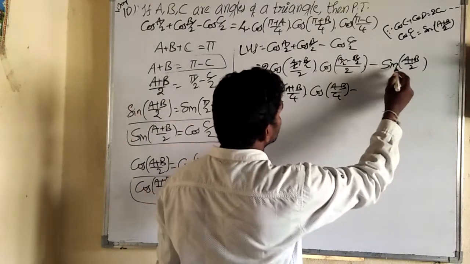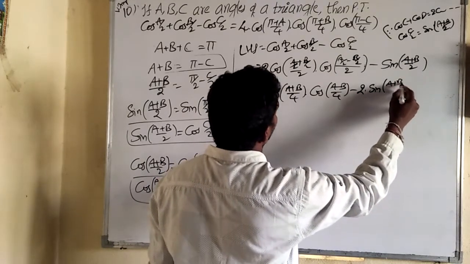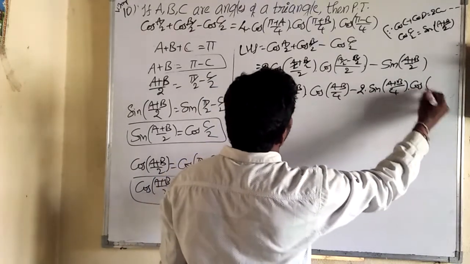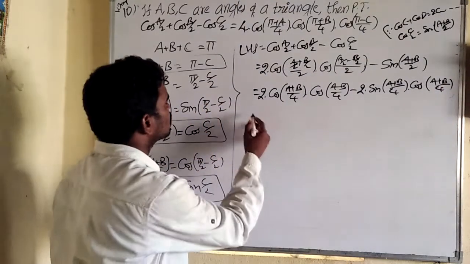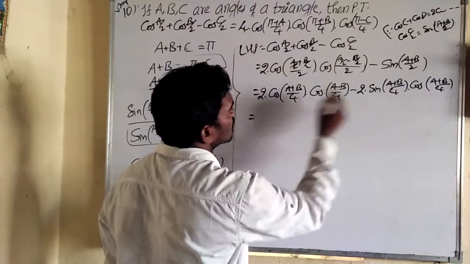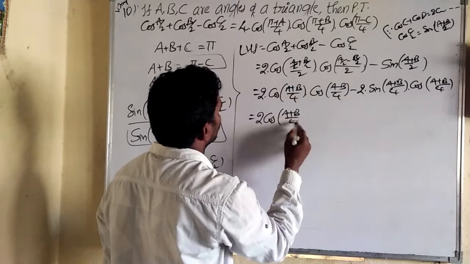Again, this can be expressed as sin 2θ, that is 2 sin (A+B)/4 into cos (A+B)/4. It is the same type of question, just a small difference. 2 is common, cos is common. So take out 2 cos (A+B)/4 as common.